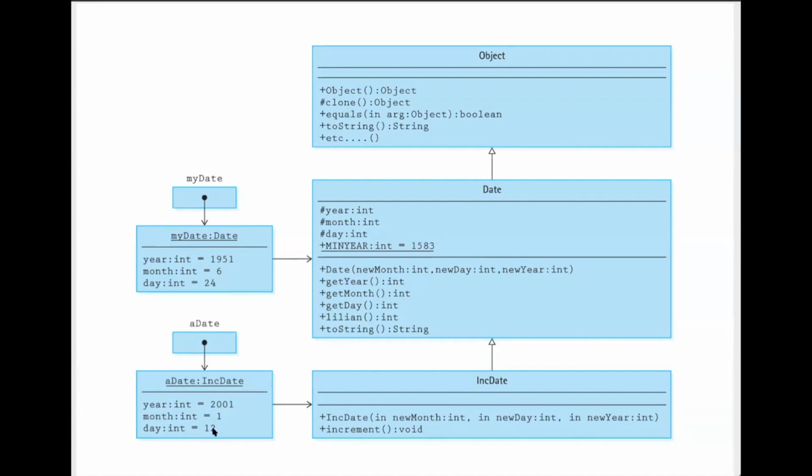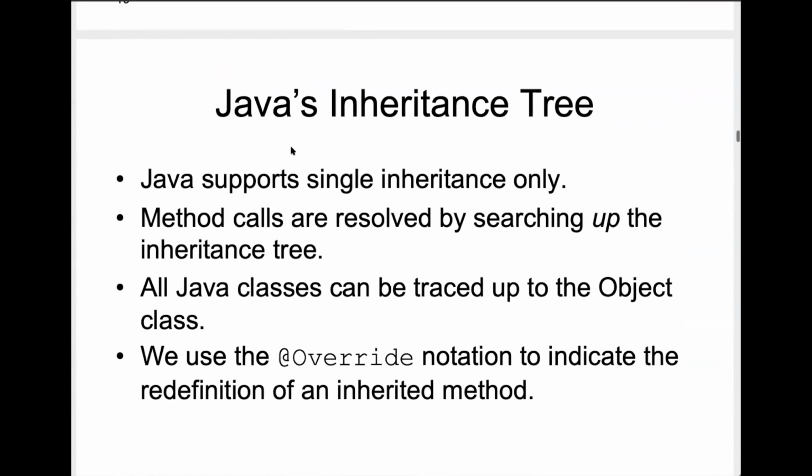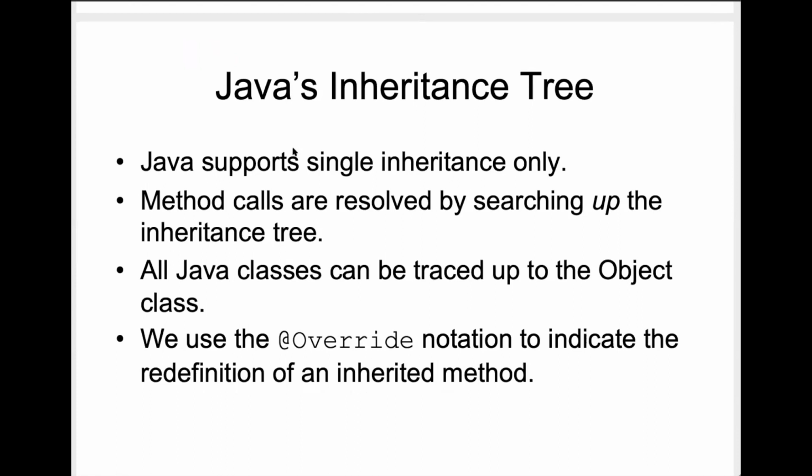Okay, we're not going to spend too much time on this object diagram here, but let's move on to the crux of the inheritance tree. So, like I said before, Java supports single inheritance only. There's no multiple inheritance. Method calls are resolved dynamically. So this resolution is dynamic binding. It is not a compile-time decision.